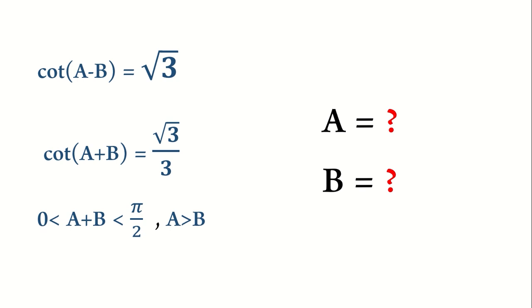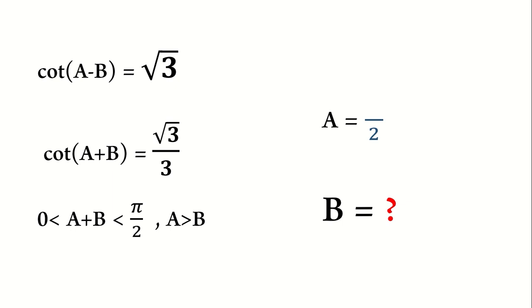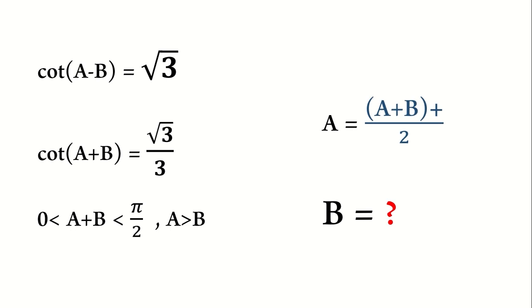We have two common formulas for doing this. A is equal to a sum divided by 2, and also B is a difference divided by 2. A is the summation of A plus B and A minus B divided by 2.